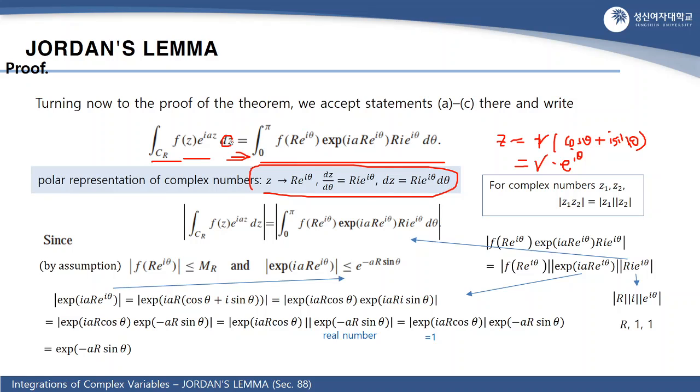So this part can be replaced by this, and g can be replaced by this. Since the radius of a semicircle is a constant, we can write the complex variable g as capital R times exponential of i theta.